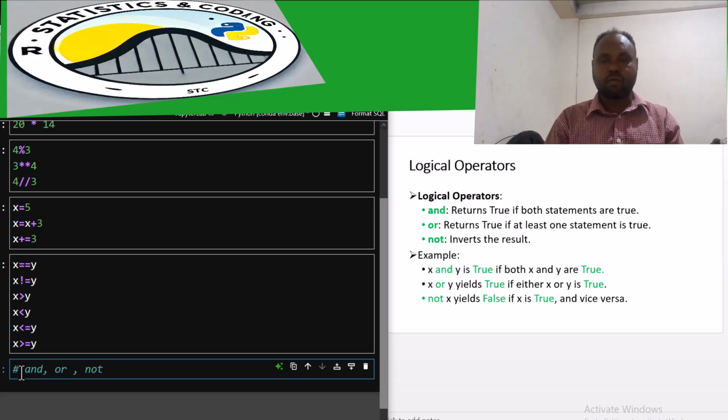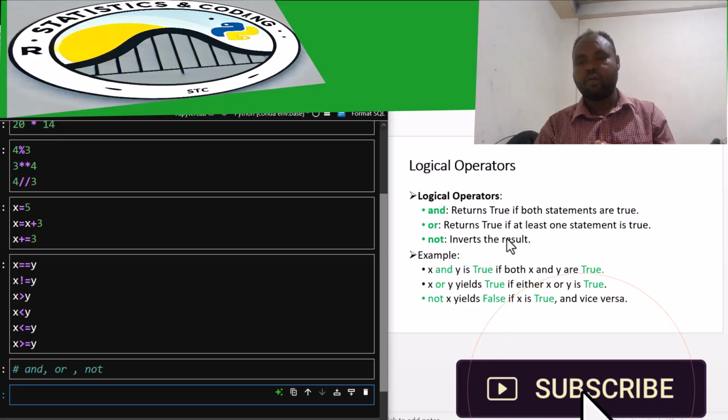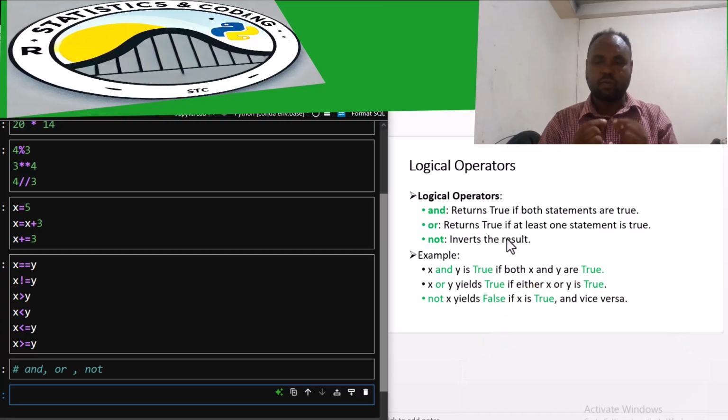If two values are connected with the AND keyword, it returns true if both statements are true, and false otherwise, right? If one of the two statements is false, the whole expression evaluates to false when connected by AND.